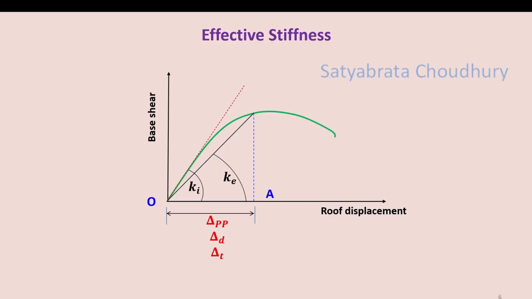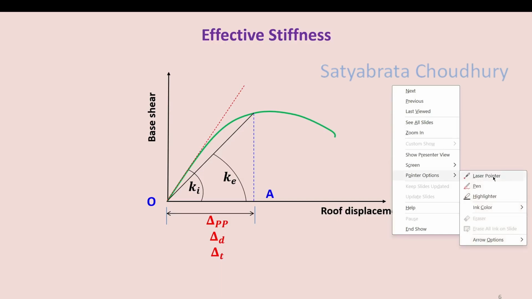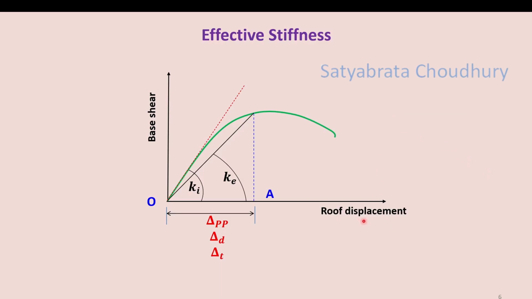Let us see what is the effective stiffness. This we have perhaps discussed in earlier videos also in connection with other items. We have here a base shear versus roof displacement response of a building. Initially it is linear, and if it is linear, the stiffness is called initial stiffness Ki.